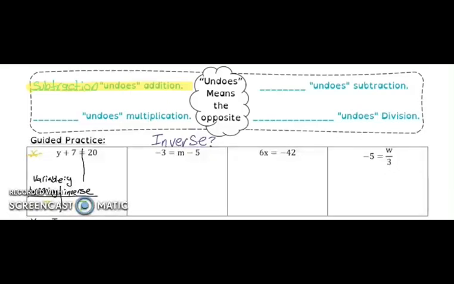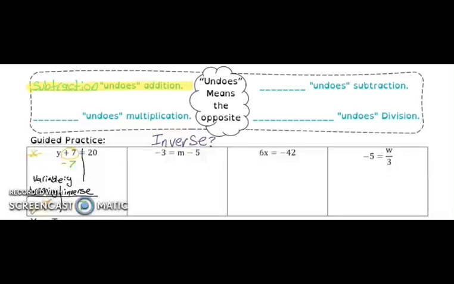So we have our plus 7. That's already in our problem. It's right there, plus 7. It's already done for us. So we can check that off already. It's done. So now we need to minus 7.